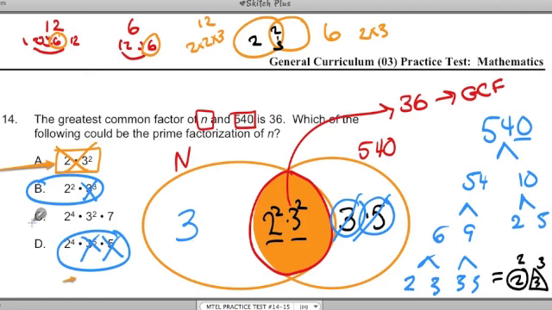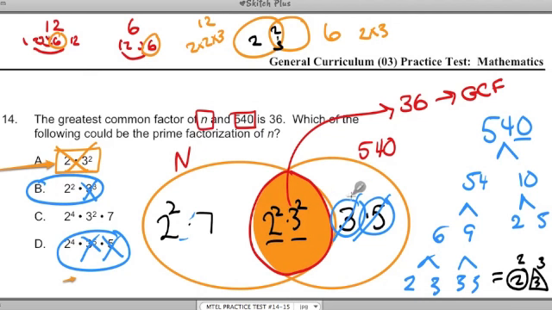Now why does C work? Well, we've got a 2 squared and a 2 to the 4th. So it needs an extra 2 to the second, and it needs an extra 7.